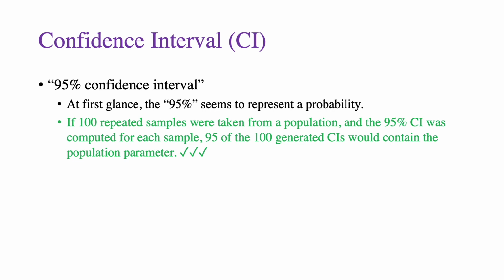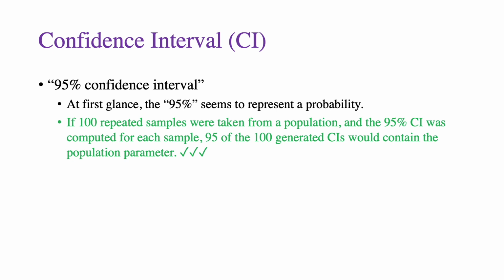You get the statistic of that sample and compute the corresponding 95% confidence interval. You put that sample back in the population, draw another sample, measure the statistic, get the corresponding confidence interval, put that sample back, and do that 100 times. With a 95% confidence interval, it means that 95 of the 100 generated confidence intervals would contain the population parameter. That's the more correct way of regarding the confidence interval.